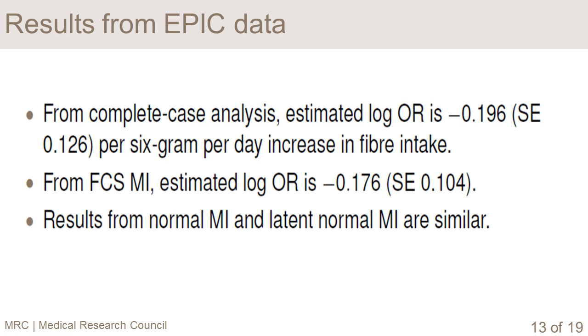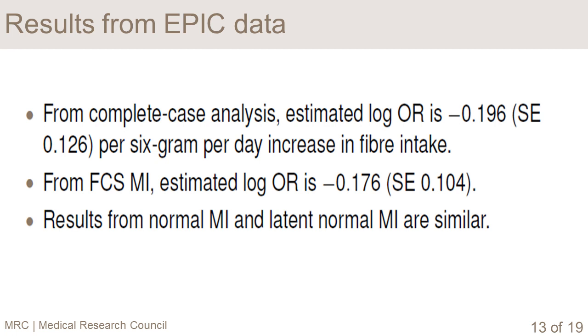So here are the results from the analysis of the EPIC data themselves. From the complete case analysis, we get an estimated log odds ratio of minus 0.2 with a standard error of 0.12. Strictly speaking, this suggests that eating more fiber is associated with a slightly lower risk of colorectal cancer, although it's not significant.